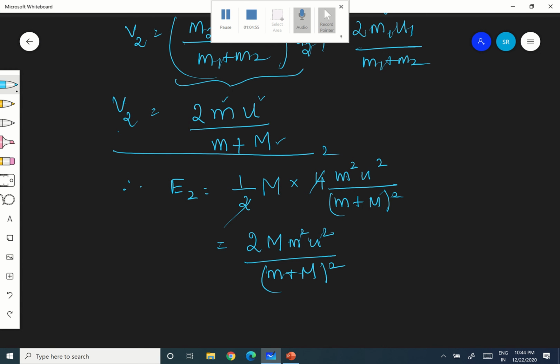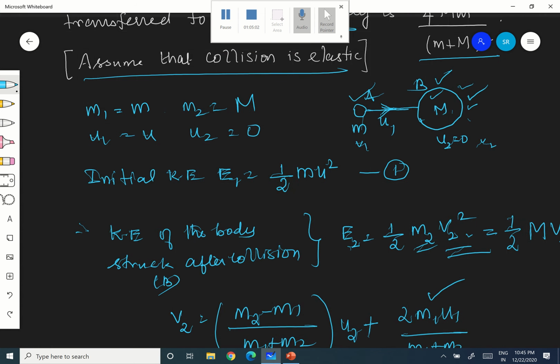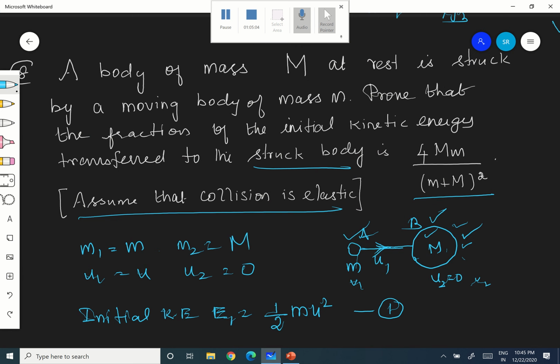Therefore, you have got an expression for E2 now. But what you are actually asked here is how much fraction of kinetic energy is transferred to the struck body. Struck body means B.